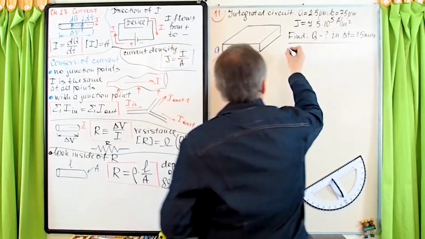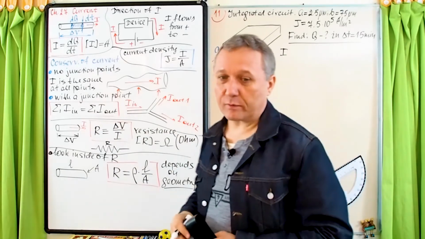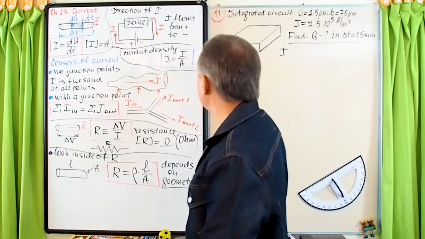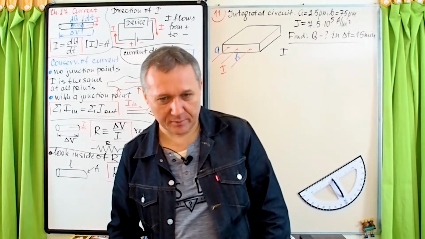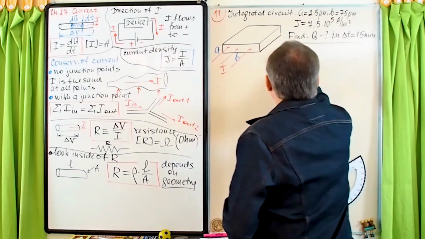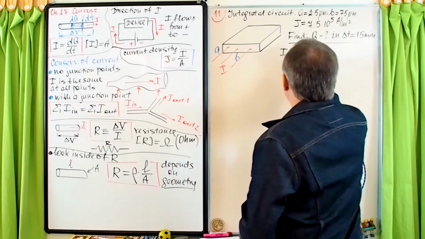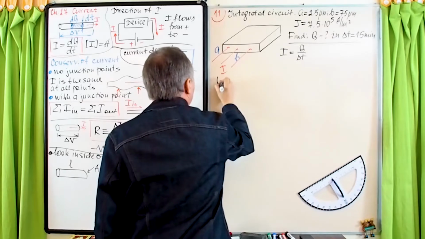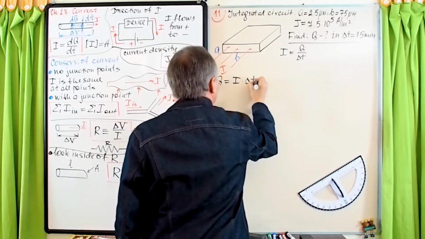So basically, we're going to use an expression for average current. But if this current is constant, then average current and instantaneous current are the same. So I equals Q over delta T, and Q is what we need to find. So we can solve it for Q: it will be I times delta T.